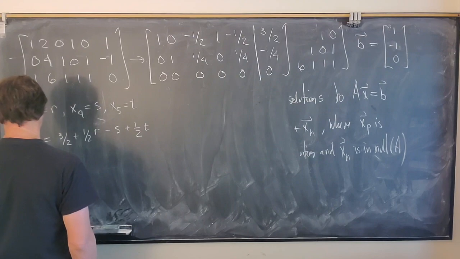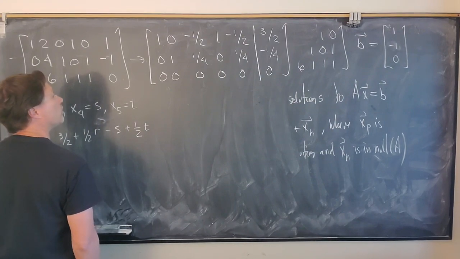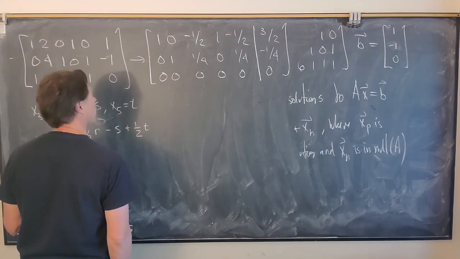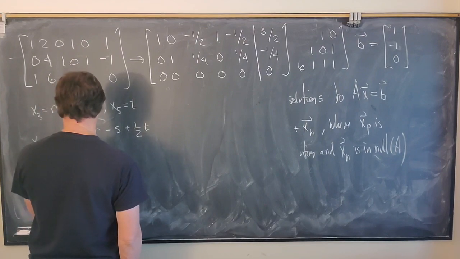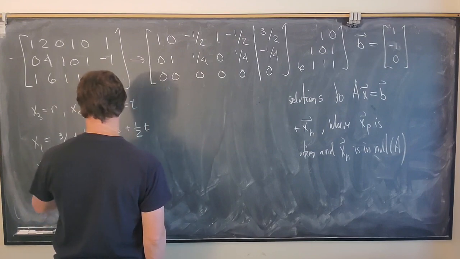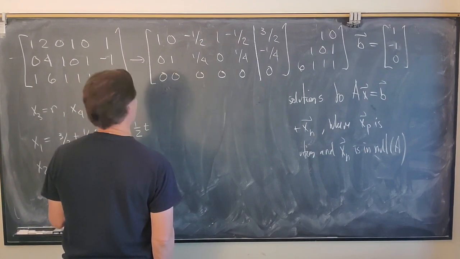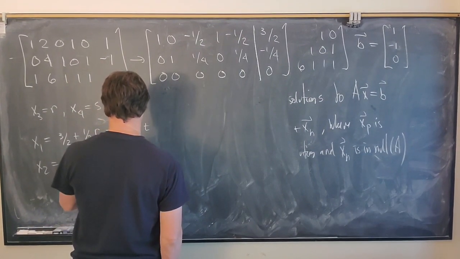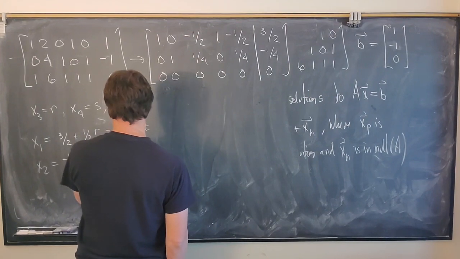And x2 is equal to negative 1/4 minus 1/4 r minus 1/4 t.